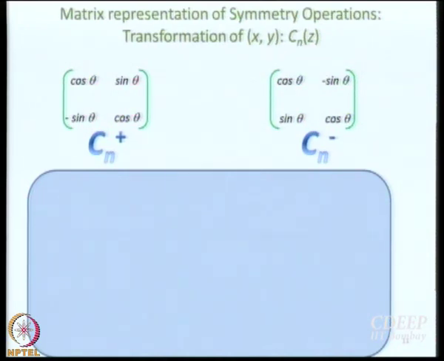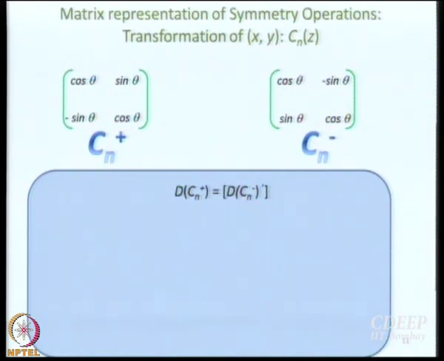So now, what can we say about these matrices with the background of the last 3 or 4 classes? What is it that we say about these matrices? First point to note, are they not transpose of each other?